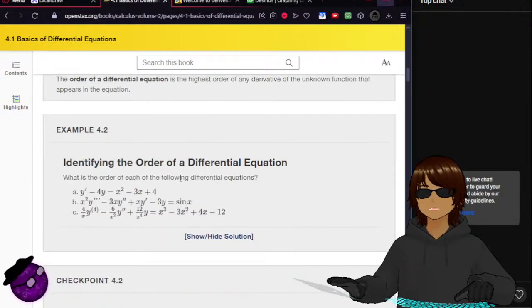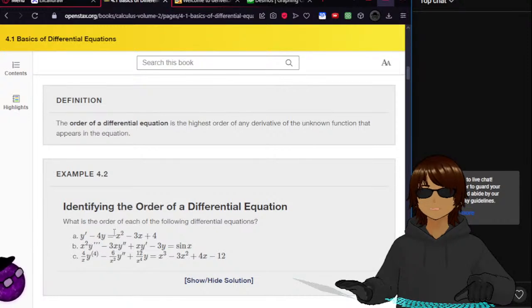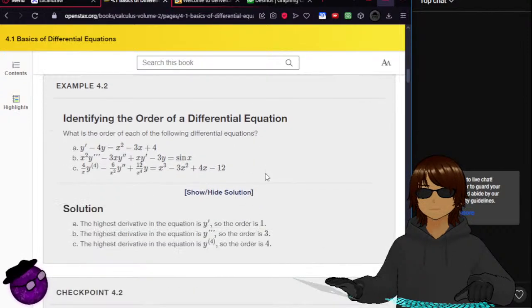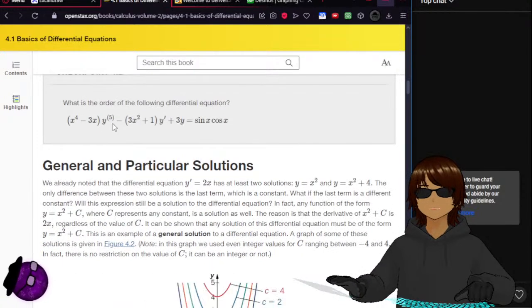What is the order of each of the following differential equations? I guess over here it's 1, 3, 4. 1, 3, 4. The highest derivative. Guess over here it would be 5.